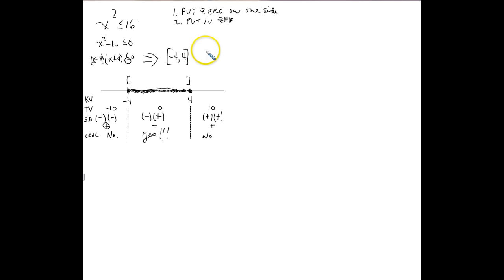If I would write this in set notation, I would say the solution is the set of all x's such that negative 4 is less than or equal to x is less than or equal to 4. And then I would put my right brace in, and that's how I would answer it with set notation.